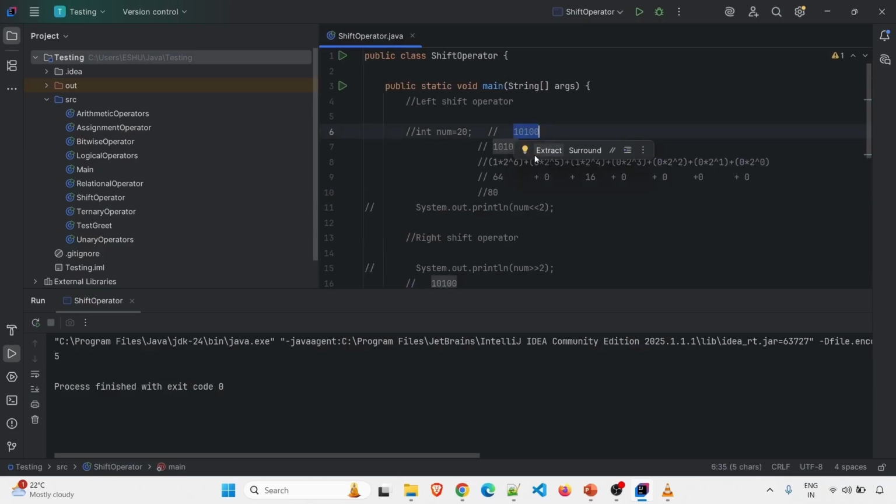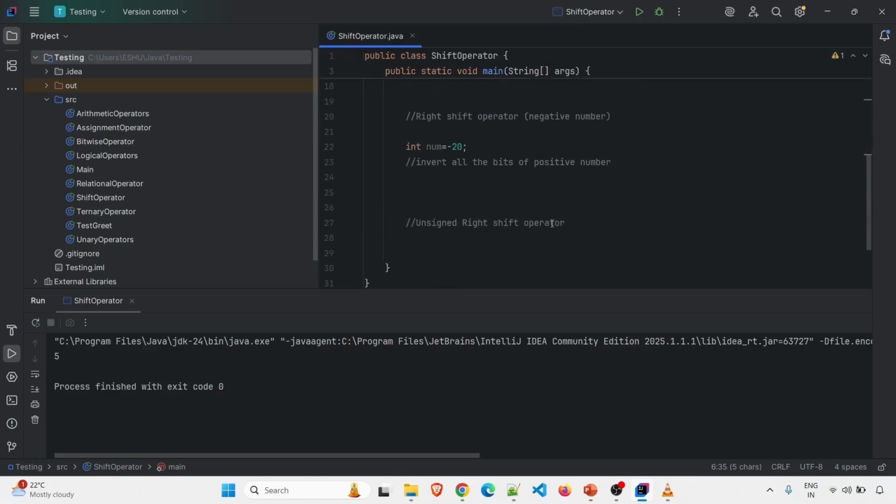So this is the binary representation of positive 20. We have to take this positive representation and invert all the bits. Invert means if the bit is 0, make it 1 and vice versa. If the bit is 0, make it 1. If the bit is 1, make it 0.